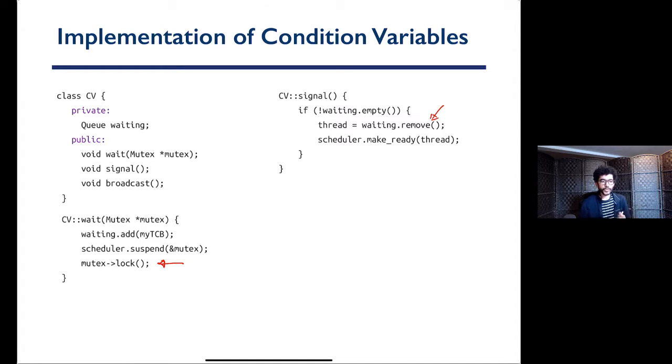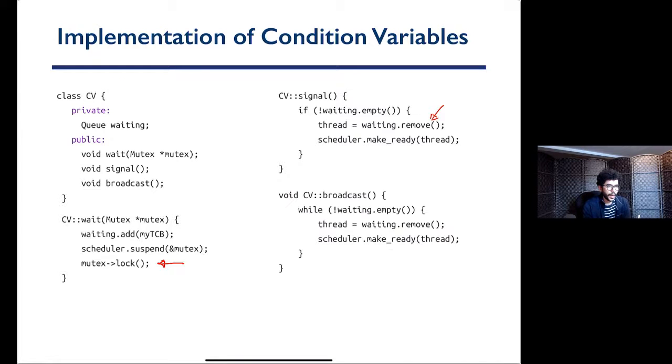So this is going to choose one TCB or one thread from the waiting list. And then we're going to just call onto the scheduler to make this thread ready. And finally, broadcast is going to remove everybody and put them in the ready list.